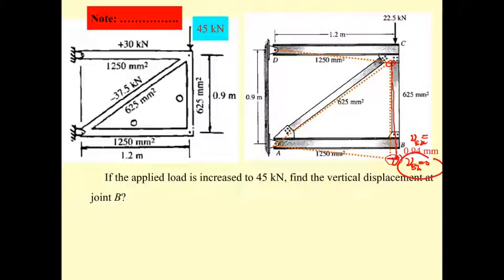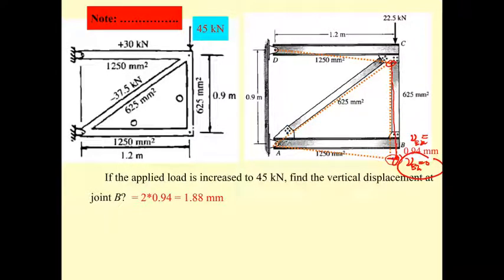It's not that hard. Next, what's going to happen if the 22.5 kilonewton changes to 45? Since the behavior is linear elastic, you will see that things just get doubled. That means the deflection is going to be doubled.